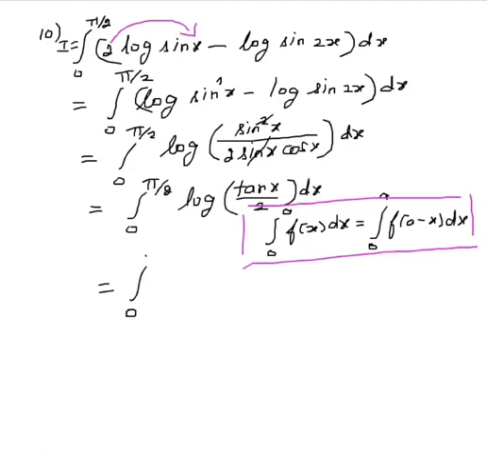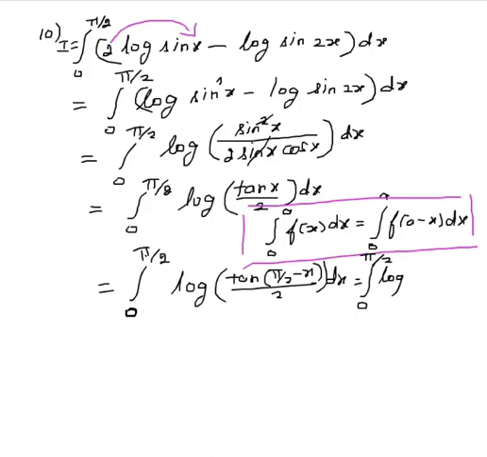Therefore, the integral becomes integral 0 to pi by 2 of log of tan (pi by 2 minus x) divided by 2 dx, which is integral 0 to pi by 2 of log of cot x divided by 2 dx, since tan of 90 minus theta is cot theta.